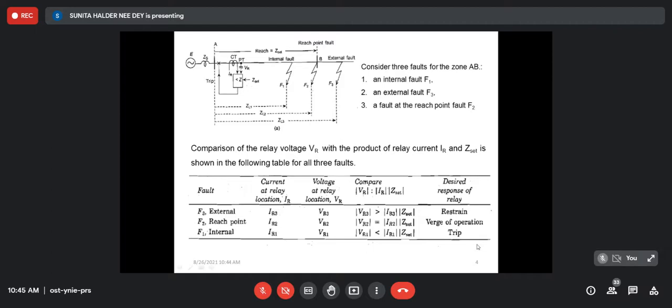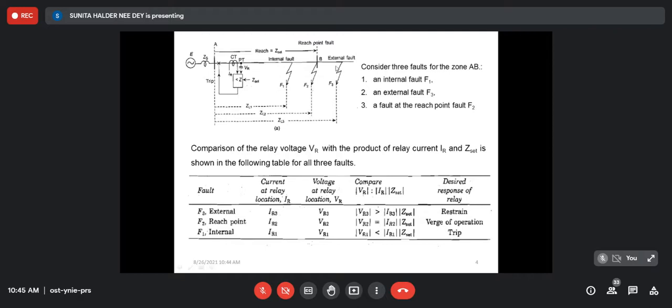Now I shall discuss the setting of the distance relay later. There, you will see that no distance relay we set will operate up to the reach point. All distance relays are set to some underreach condition, but never overreached.